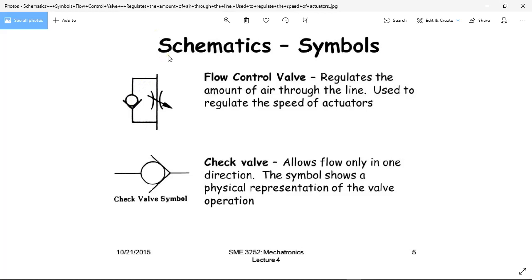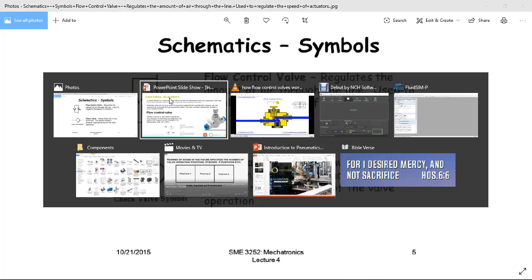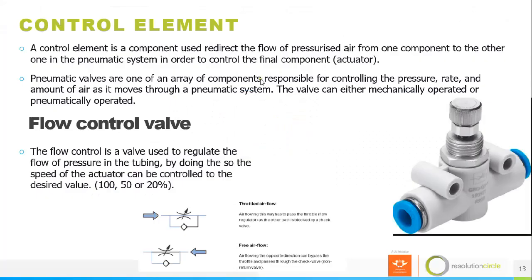But if you are applying pressure from the top going down, the pressure will try to take this route, and this route is blocked. Then it will come to this route. When it comes to this route, there is a regulator here. Then you can regulate your flow of air.